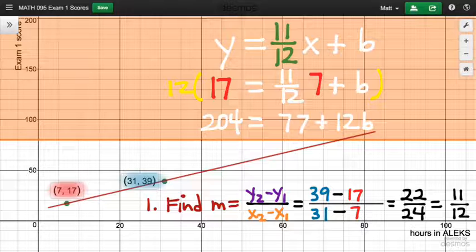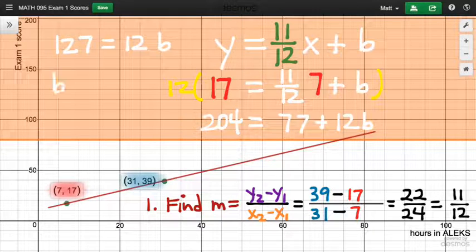Then I'll subtract 77 from both sides. 204 minus 77 is going to be 127, I believe. You probably want to double check me on that, but I think that's right. Equals 12b. Then dividing by 12, b is 127/12. And that does not reduce to lower terms, so we are stuck with that value for b.